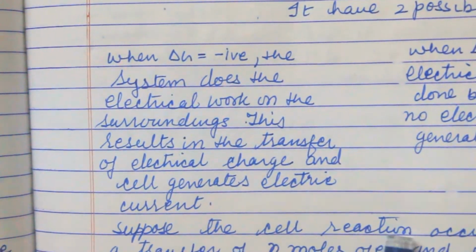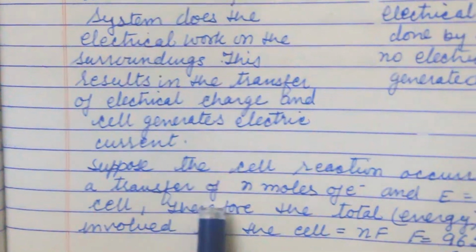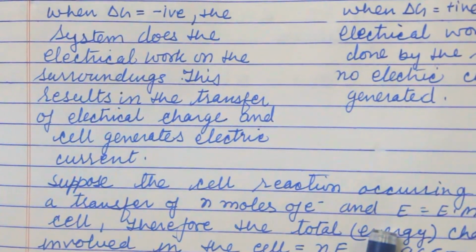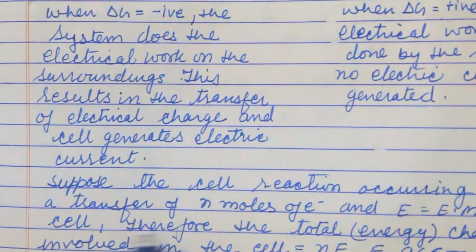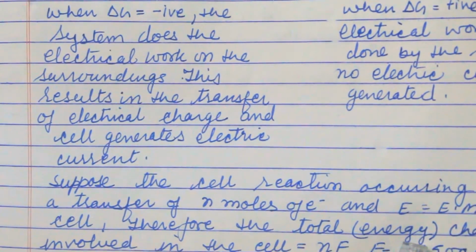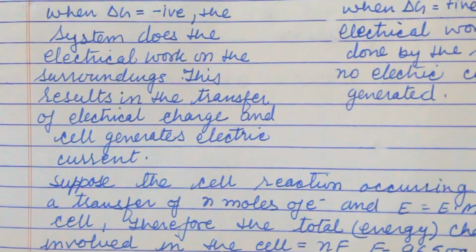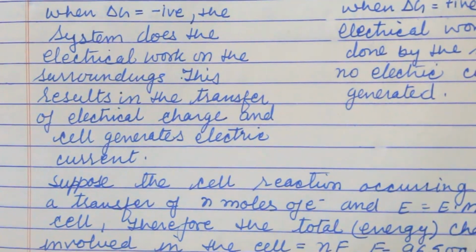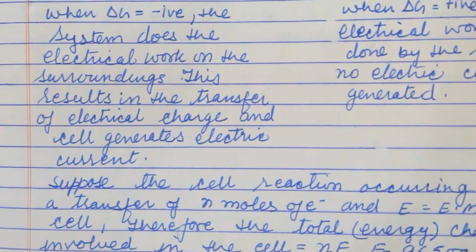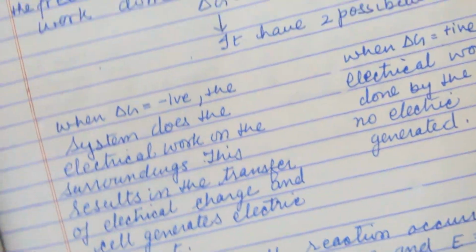Suppose the cell reaction involves a transfer of n moles of electrons and E is the EMF of the cell. Therefore the total charge involved in the cell is nF. F is Faraday's constant, the value is 96500 coulomb.